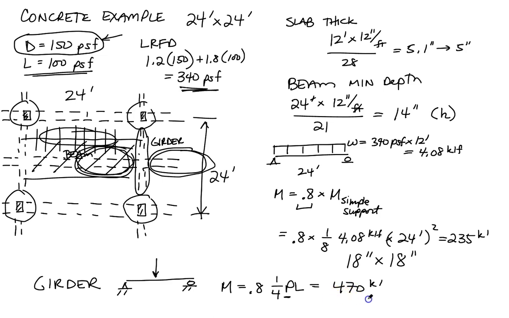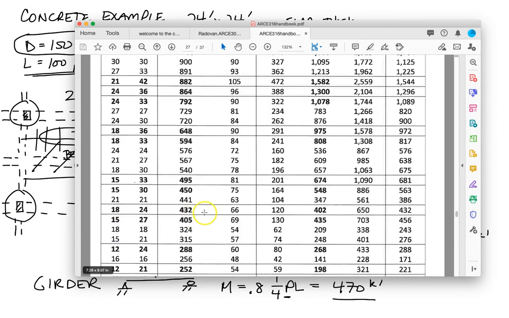We can use the same minimum depth requirement because we have the same span. So now we are right back into the table, and let's see what we can find in it. We're looking for 470. See if I can bring it over here. 470 looks like about, there would be one right there using the minimum of 14.